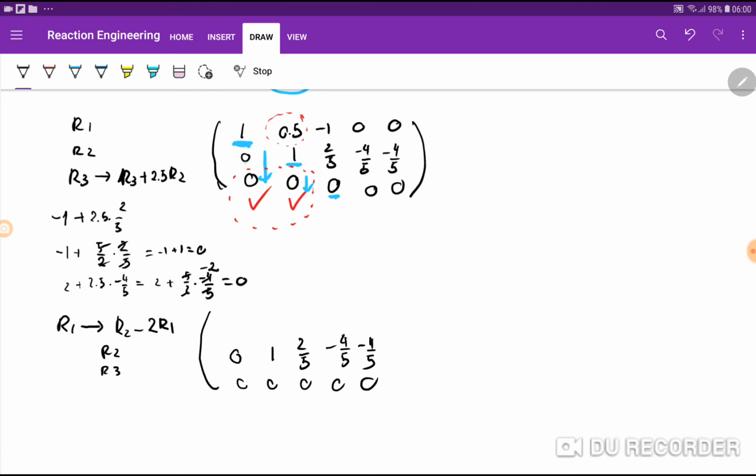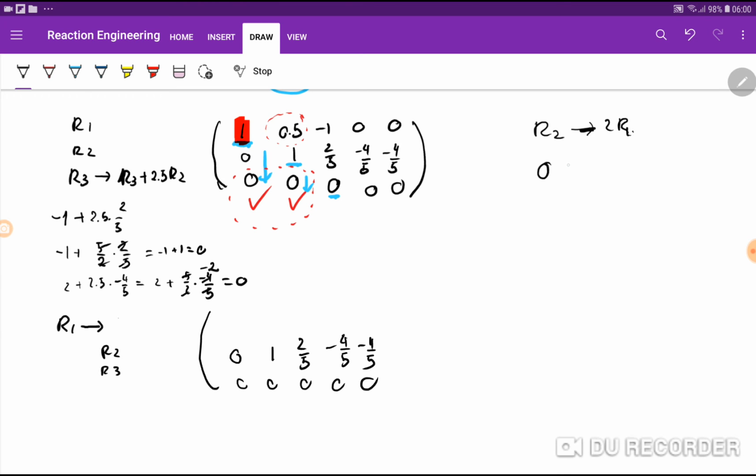Oh no. Actually, no. I don't want to change the one right here. Be careful. You have to make sure of this one. Let me highlight it in red. You cannot do that operation, because if you replace R1 with R2 minus 2R1, what would you get?